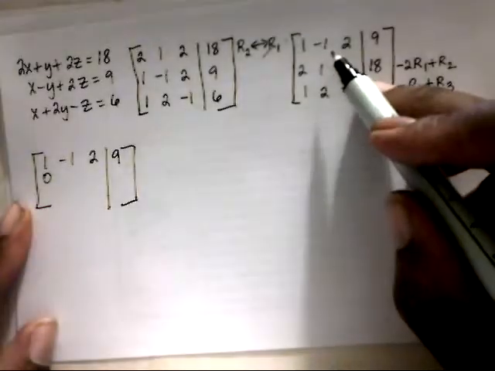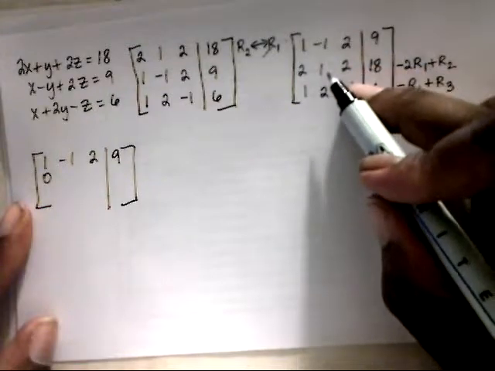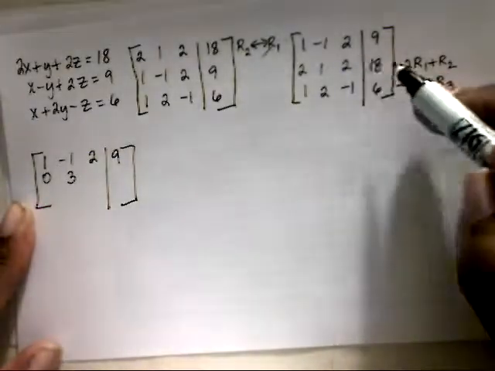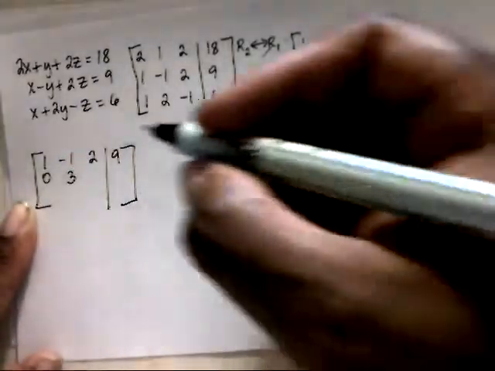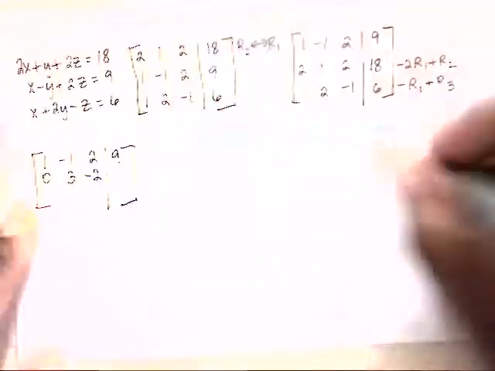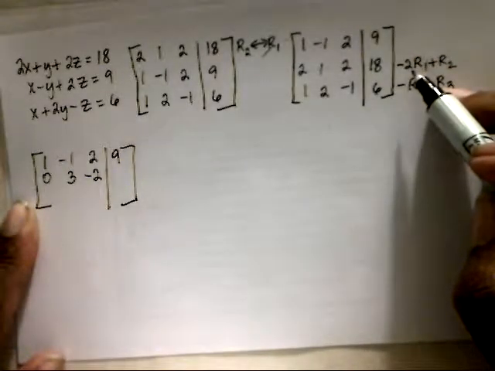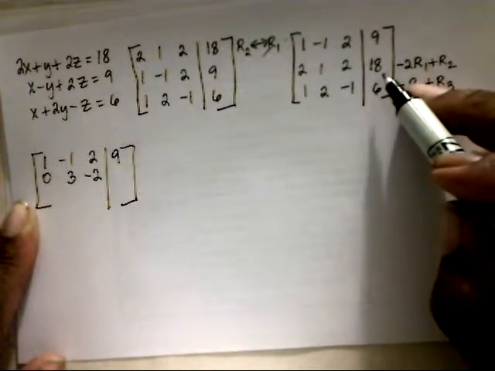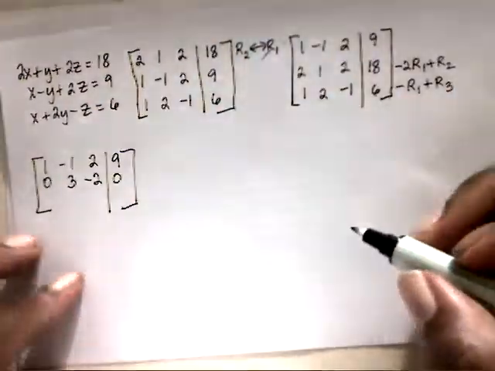Negative 2 times negative 1 is 2. 2 plus this 1 is 3. Negative 2 times 2 is negative 4. Negative 4 plus this 2 is negative 2. And 9 times negative 2 is negative 18. Negative 18 plus that 18 is 0. So this is what row 2 looks like.